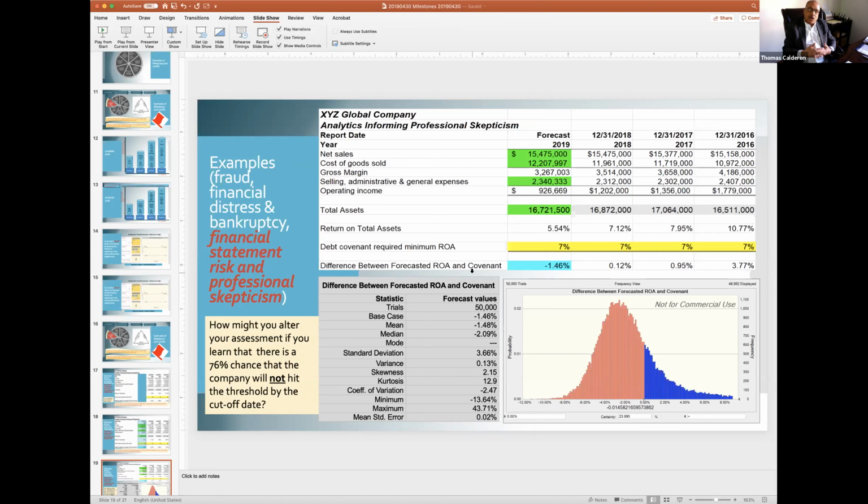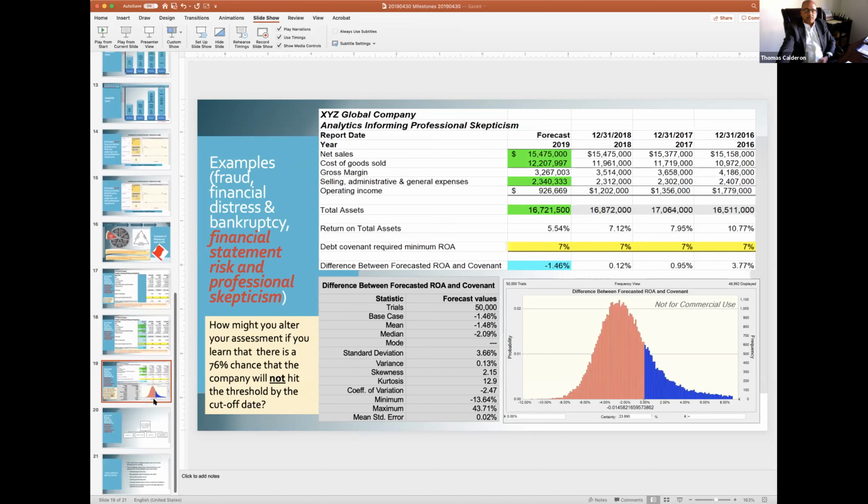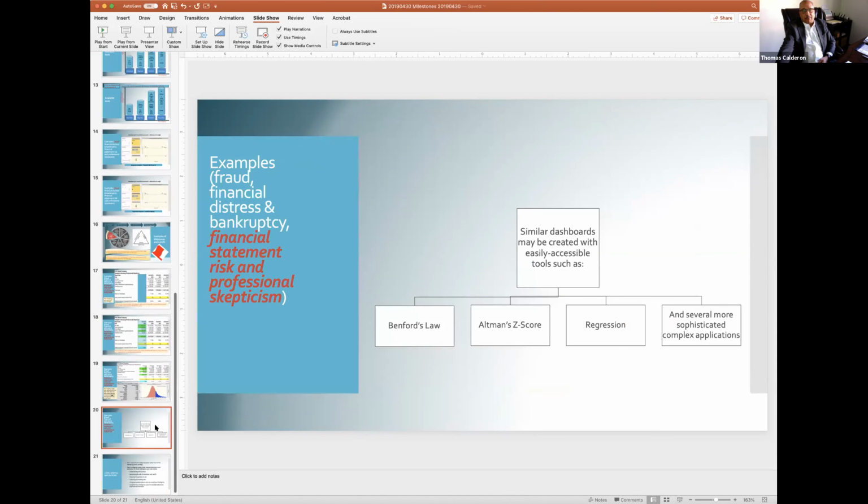So you notice how analytics are essentially allowing the auditor to use the data to tell a story. And the story here is not a pretty one. It says that management has significant incentives to manage earnings, sometimes in fraudulent ways.